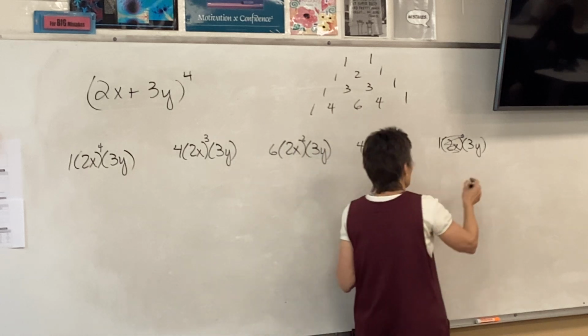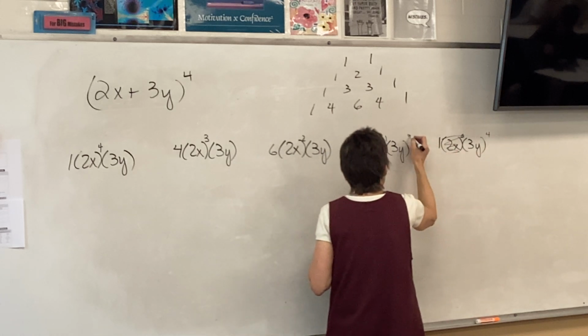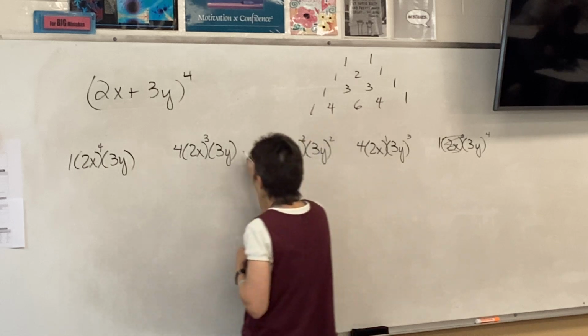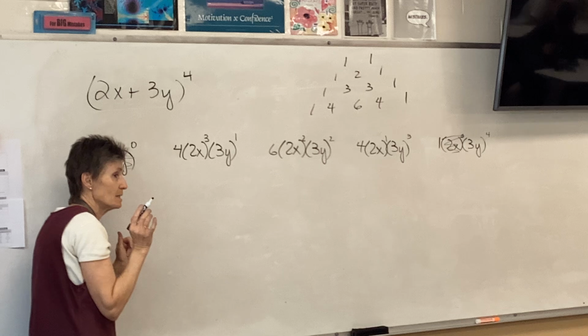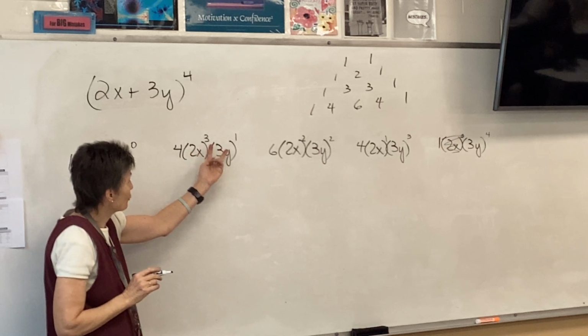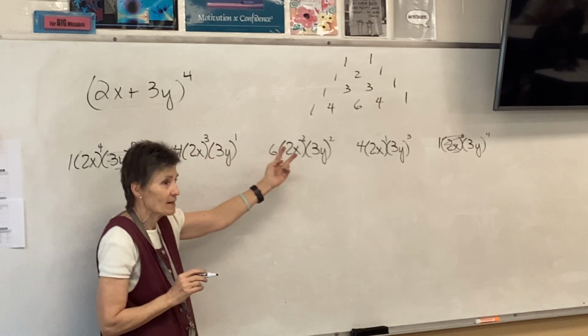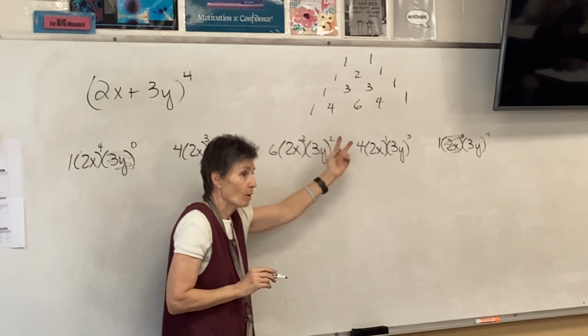And then I'll do the same thing, go in the other direction with my y's. And I'll know if I'm right, because in each term, the powers are gonna have to add up to 4.